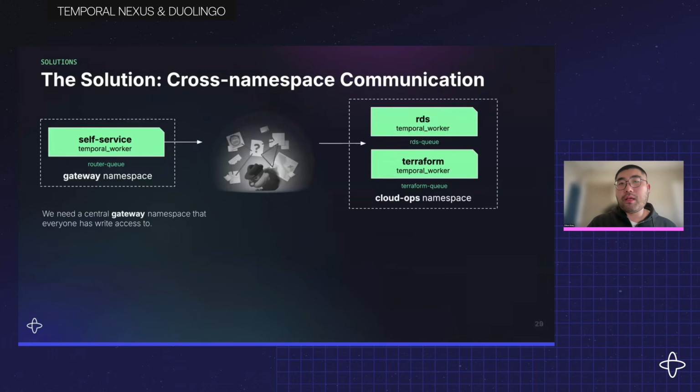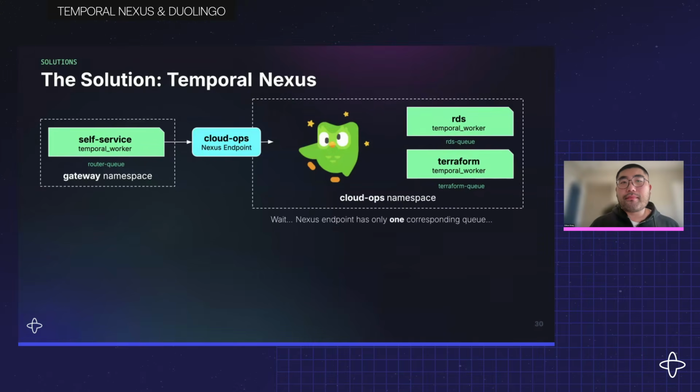So we were thinking about creating a central gateway namespace that everyone can access, but how should they communicate, right? However, we got lucky, because at that time we were thinking about this issue, Nexus came out.